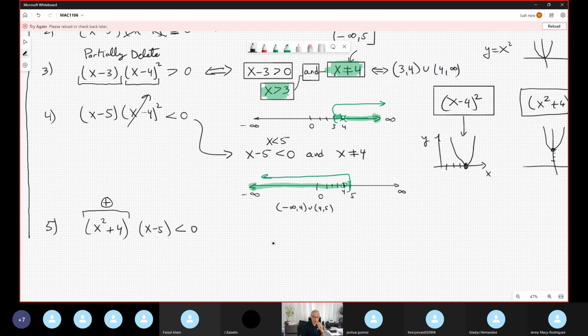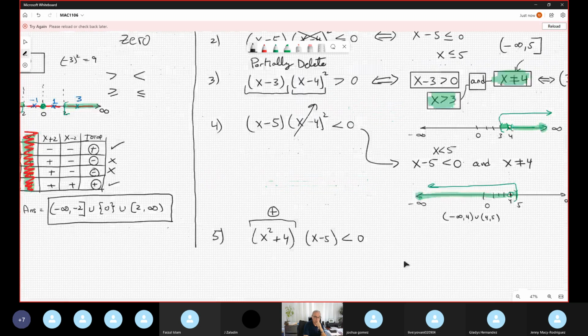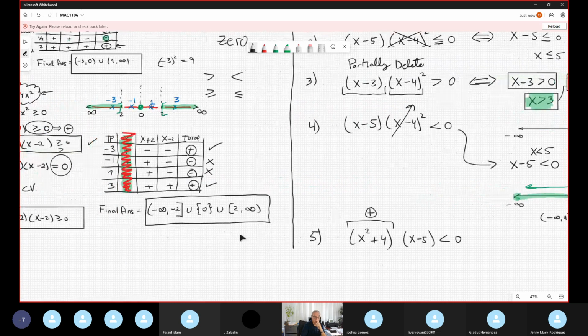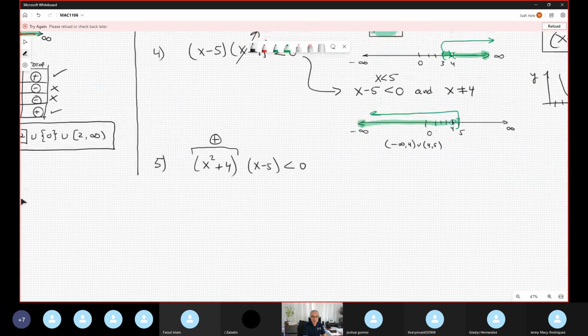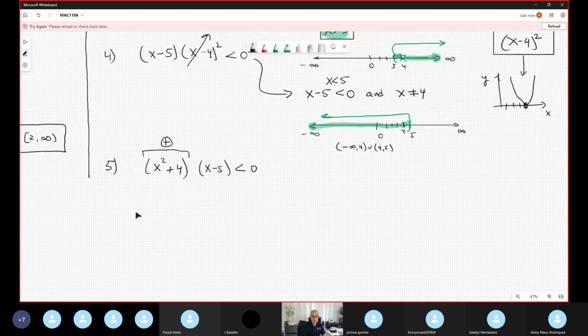Remember, when you are doing this table, the important information in this table is the negative. So two negatives is positive. One negative is negative. So if you have several negatives and the amount of negatives is even, it's positive; if it's odd, it's negative.